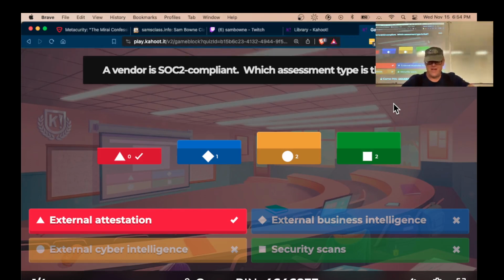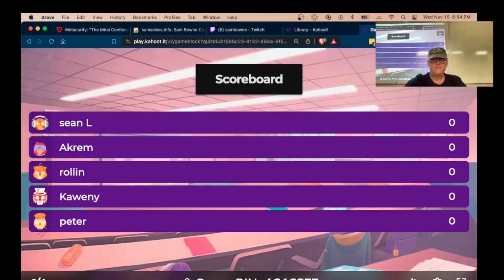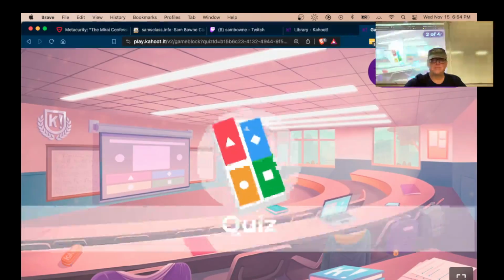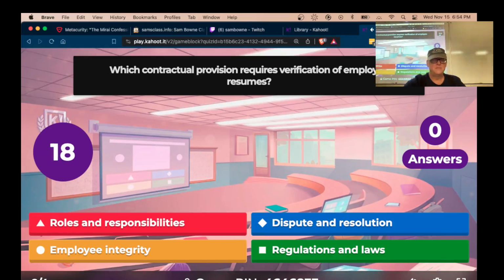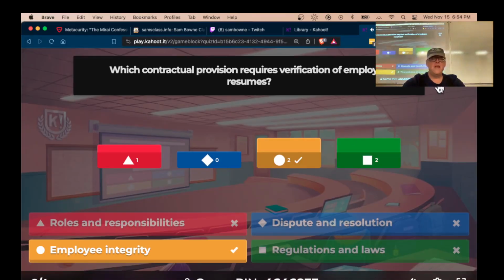I just have to meet this compliance standard, then I know they're up to a certain level of security. All right, what provision requires you to verify the resumes? That's employee integrity.